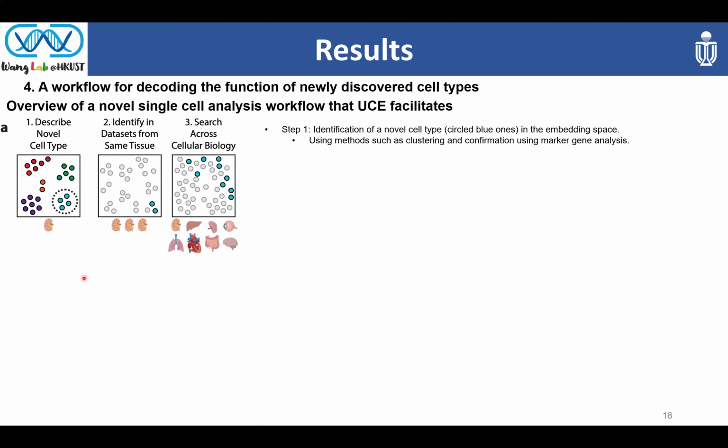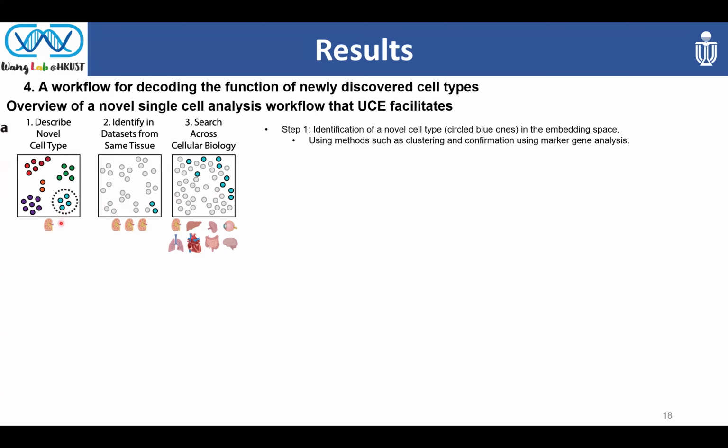The first part is to identify the novel cell type from the embedding space. Here we may do UMAP, and we may see this blue part is isolated. Maybe it is a novel cell type, and we confirm it by marker gene analysis.